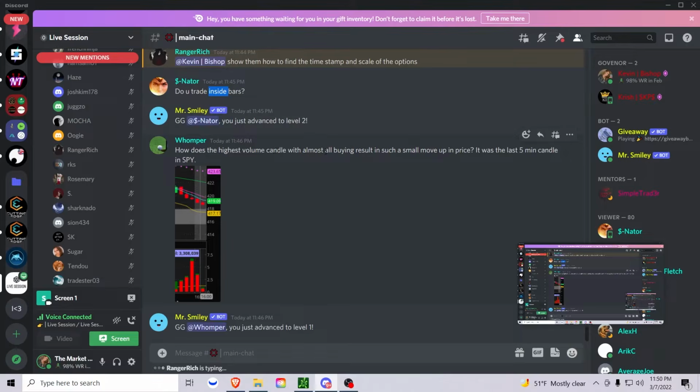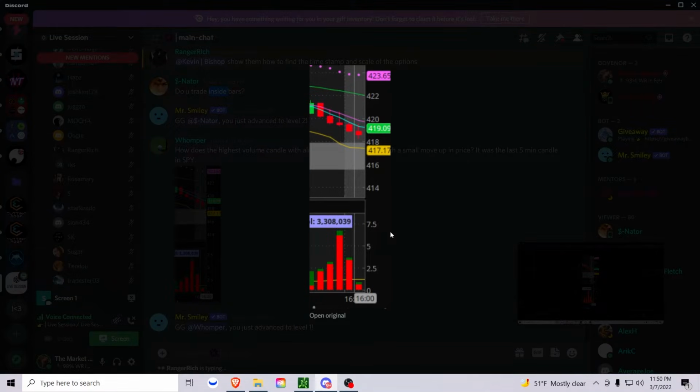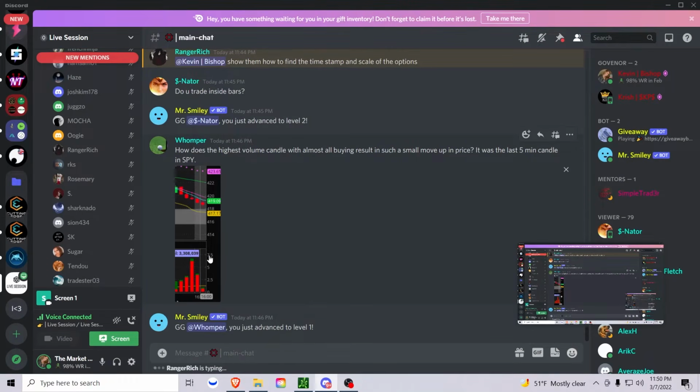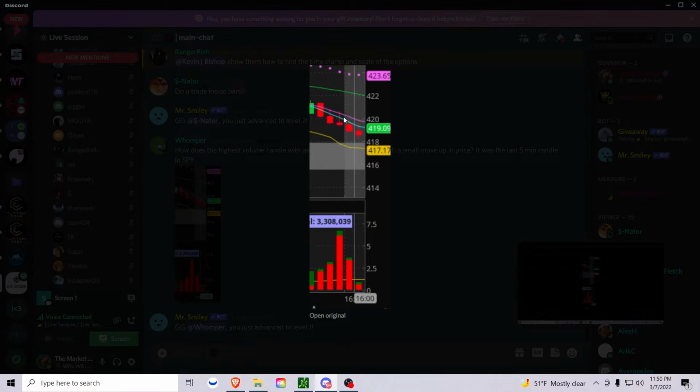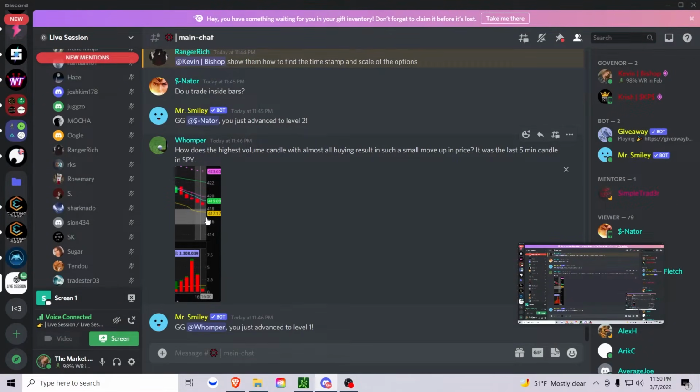How is the highest volume candle with almost all buying result in such a small move up in price? It was the last 5-minute candle in SPY. Well, it's basically showing that there was an even force between buyers and sellers, and it eventually led to the volume being more selling volume than buying volume, and the buying volume couldn't overcome it.